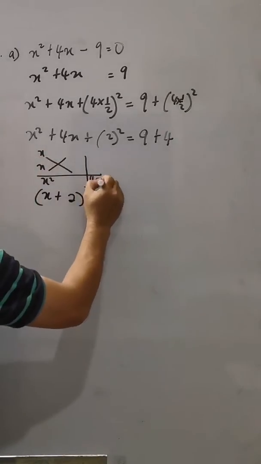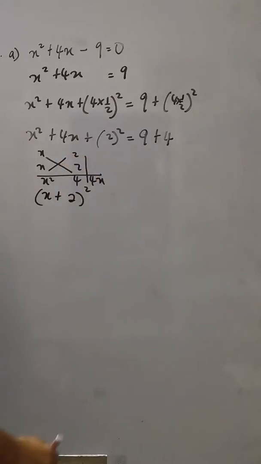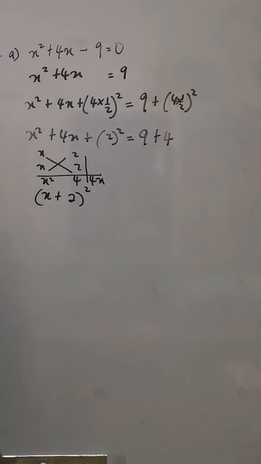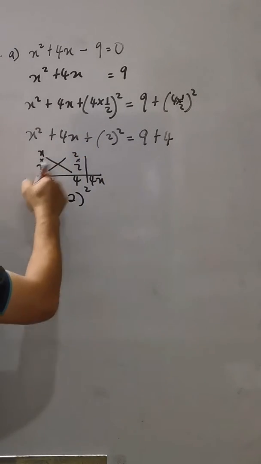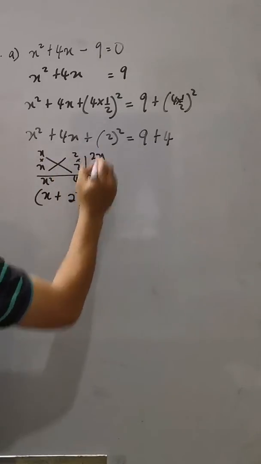Here will be 4x, here will be 2 squared, which is 4. So 4 is 2 times 2. Completing the square is easy because it's always the same number here. Then x times 2 will be 2x, x times 2 will be 2x.